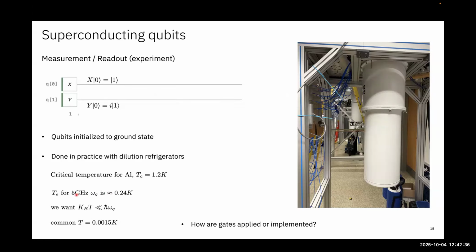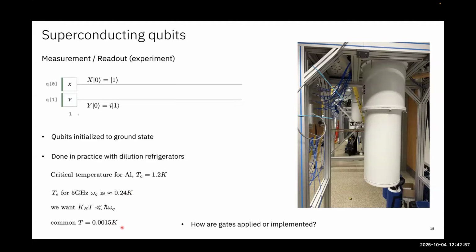If your qubit is about 5 gigahertz, or 4 gigahertz, or 6, you can calculate it. The common base temperature is like 15 millikelvin, way lower than 0.24 Kelvin.